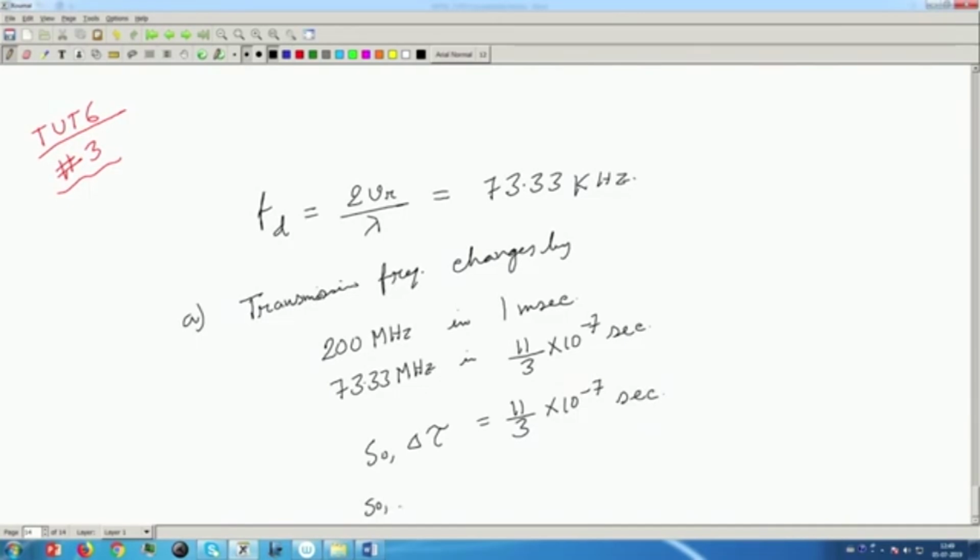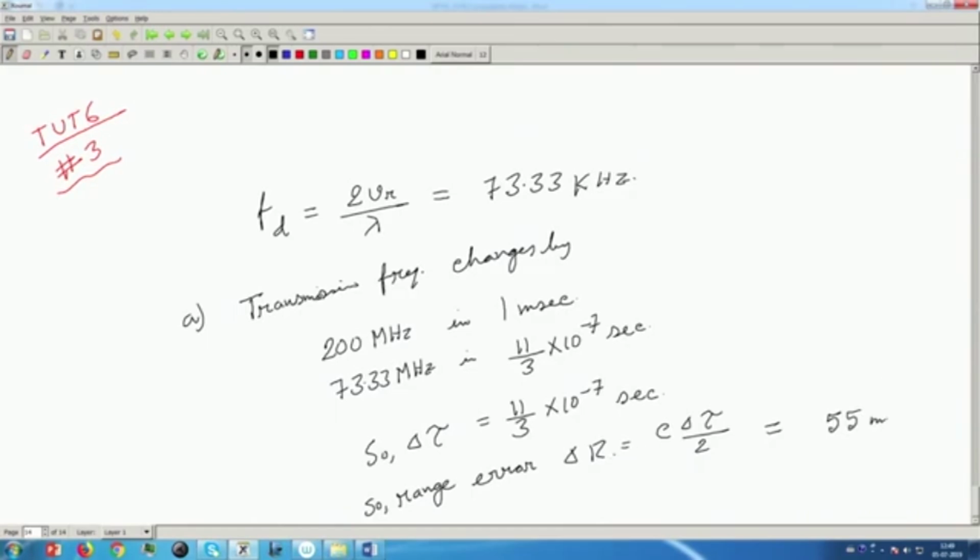So, we can say that delta tau is 11 by 3 into 10 to the power minus 7 second, and this will give the corresponding range error. So, range error delta R will be C delta tau by 2, and that will be 55 meter.